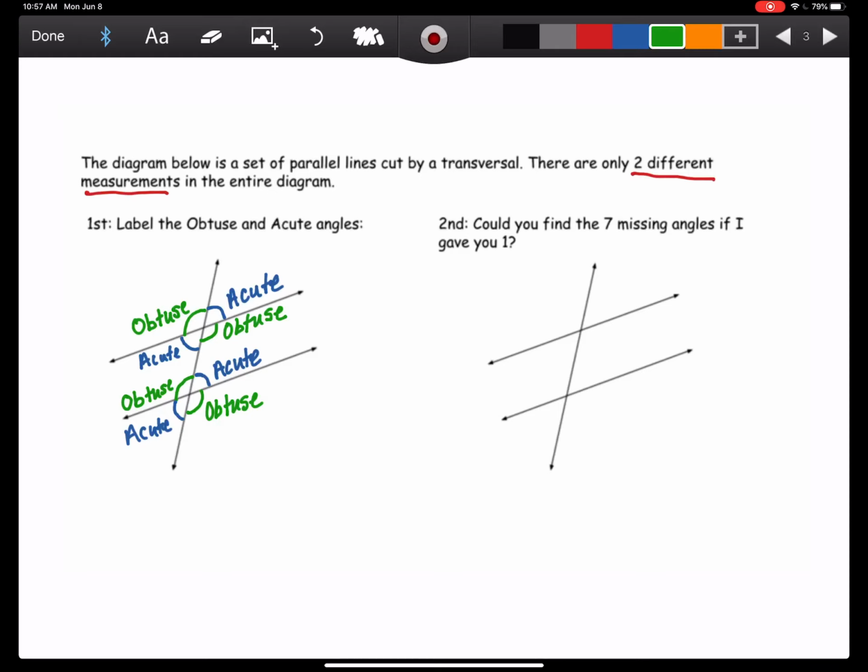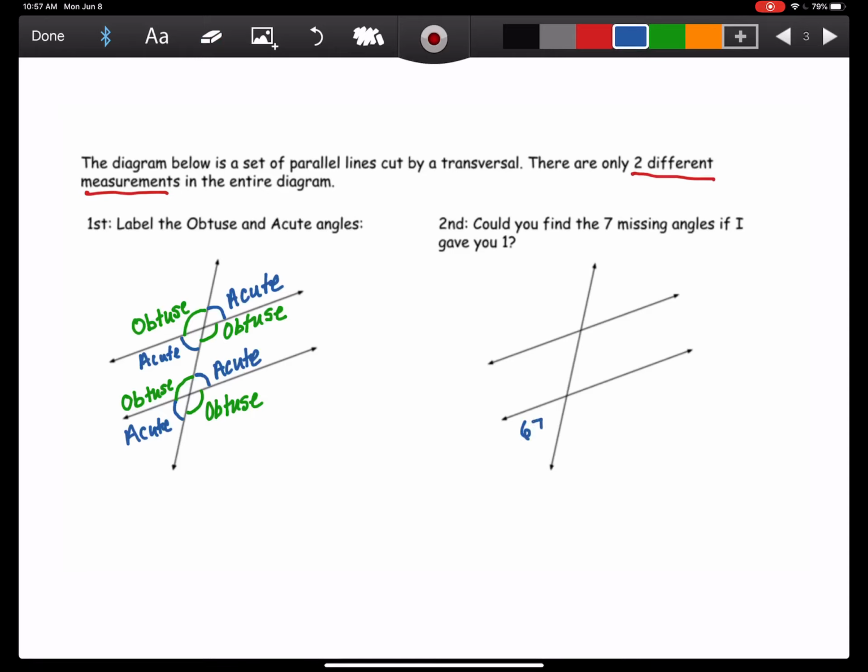Okay, let's jump over to the second part. The second part says, could you find the 7 missing angles if I gave you one of them? All right, well, let's see. If I gave you the acute angle, let's say 67 degrees right here, well, what would you know about all the other 7 angles?